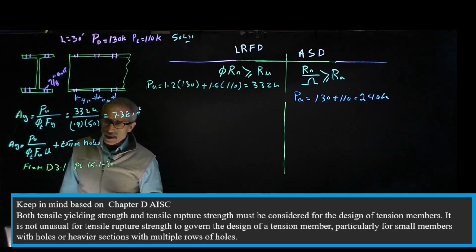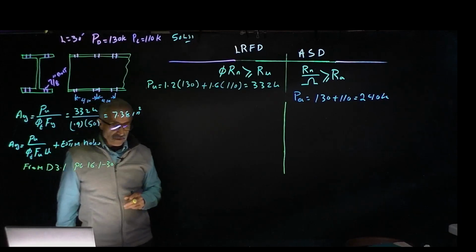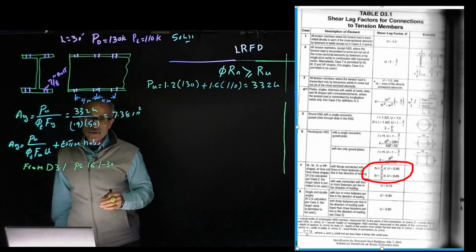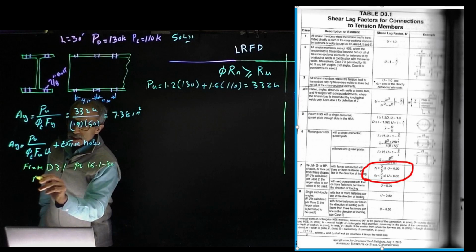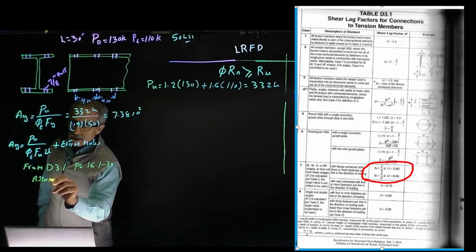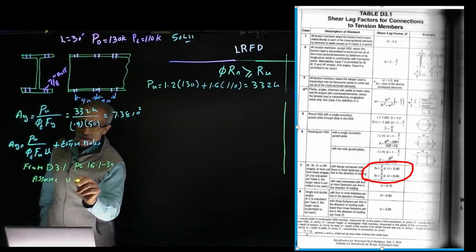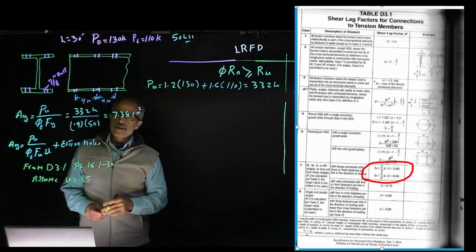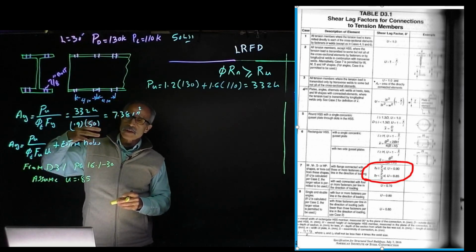We look at case number 7, and looking at the bottom part, let's assume that because of the flange thickness, we're going to say U is equal to 0.85. And again, we made an assumption here to make an educated guess.